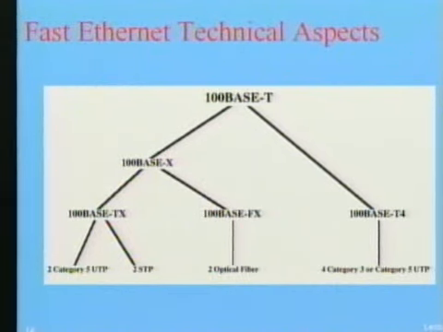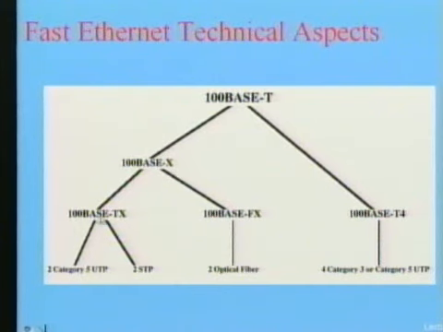This technology had, if you want, two branches. One branch is 100 Base-T4. This is 100 megabit per second using 4 twisted pair wires. Then they have 100 Base-X. X has two parts.